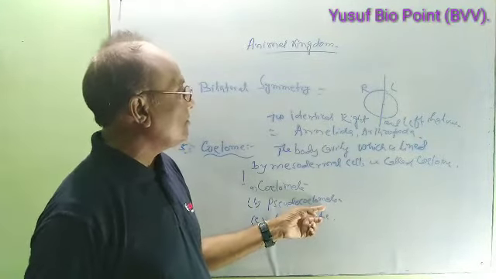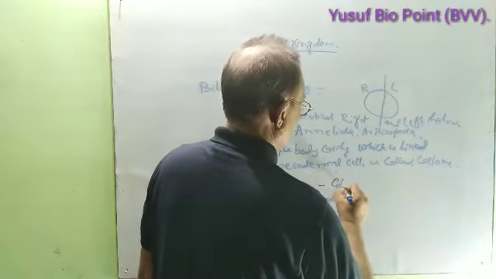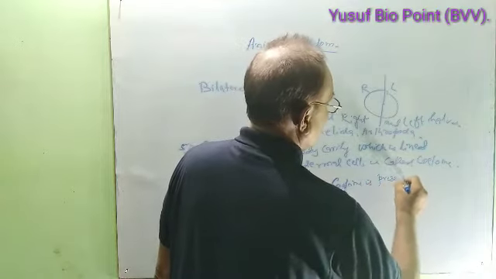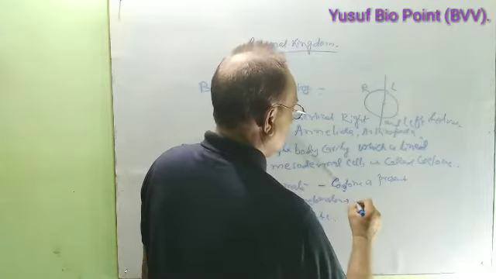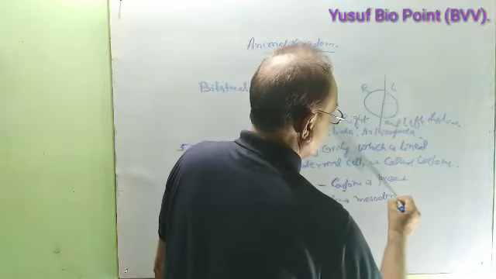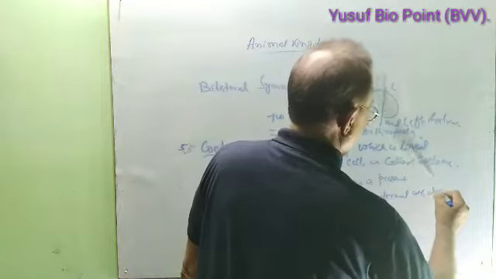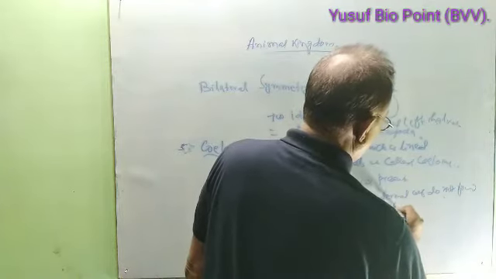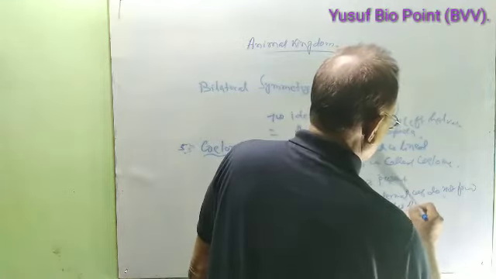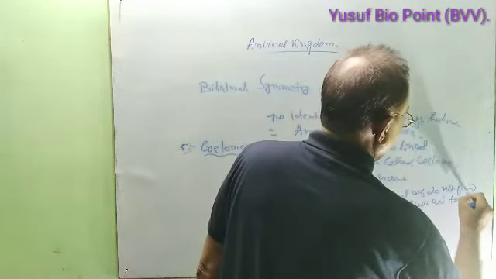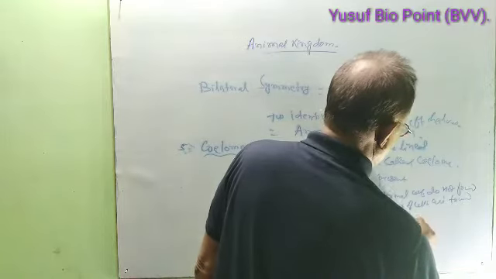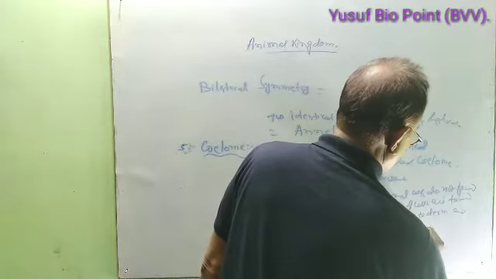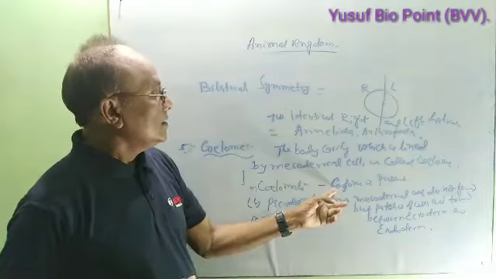And pseudo means false coelom, where mesodermal cells are not found, but patches of cells are found between the ectoderm and endoderm.